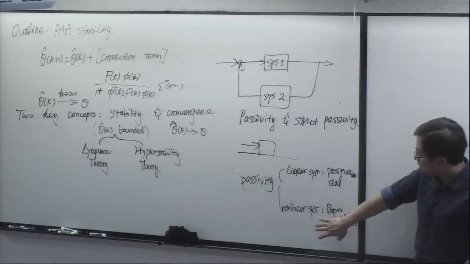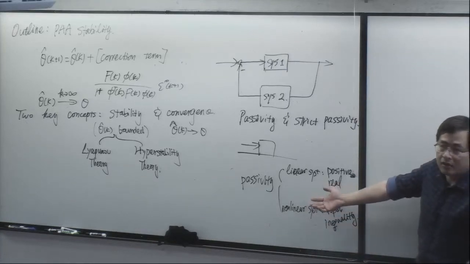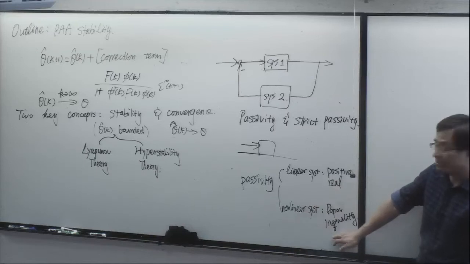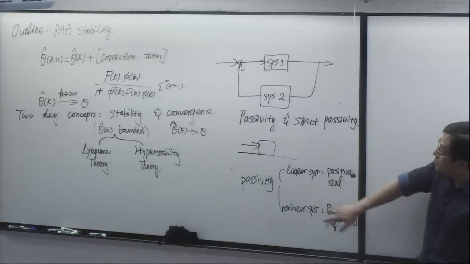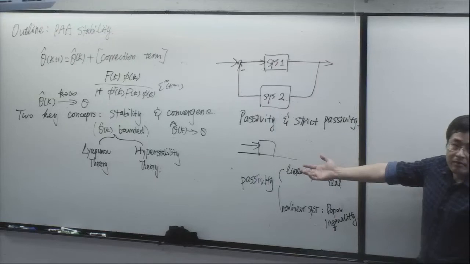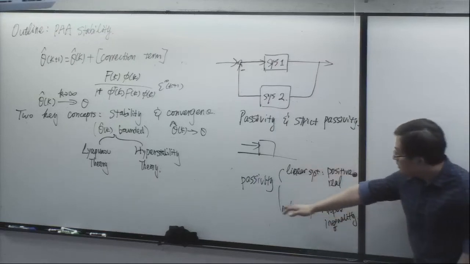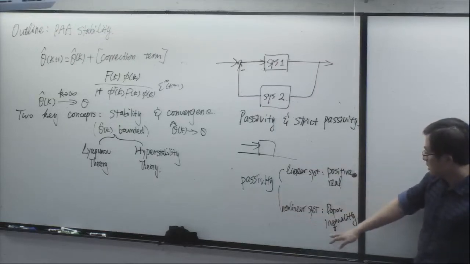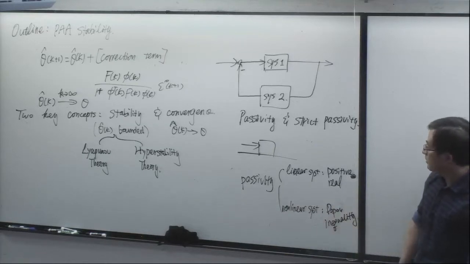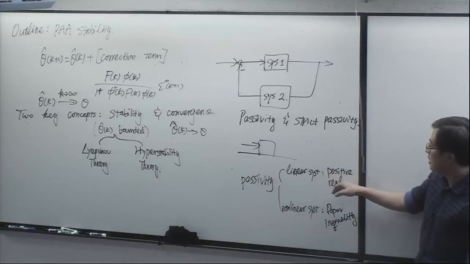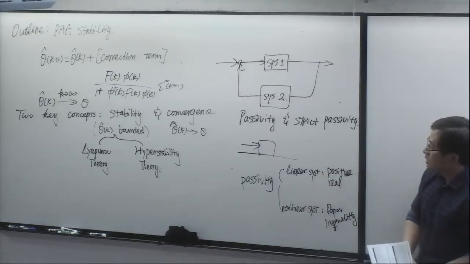The terminology mainly comes from the person who invented the concept. So Popov was the one who introduced hyperstability, and the concept of passivity is framed in his theory called Popov inequality. In linear systems, there is a concept of positive real to talk about passivity.